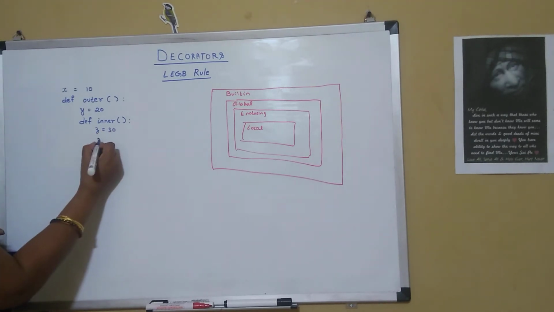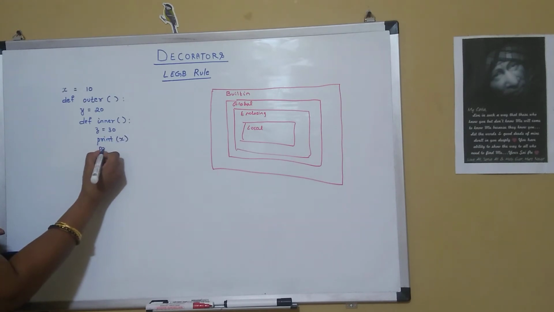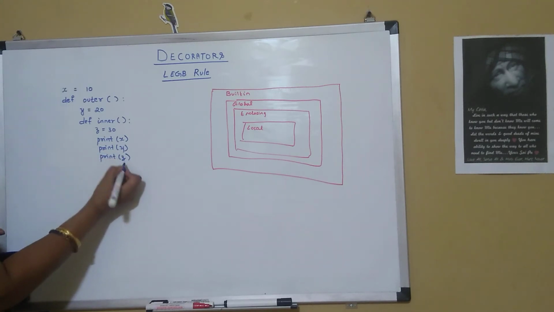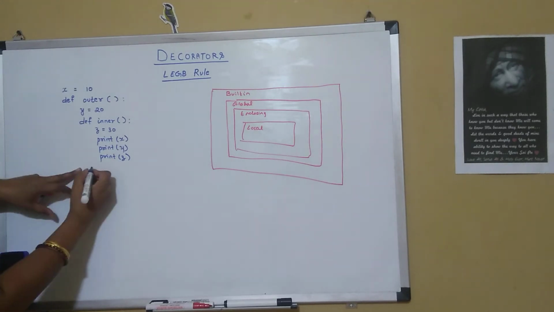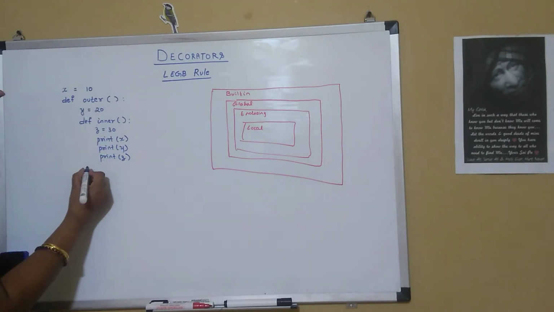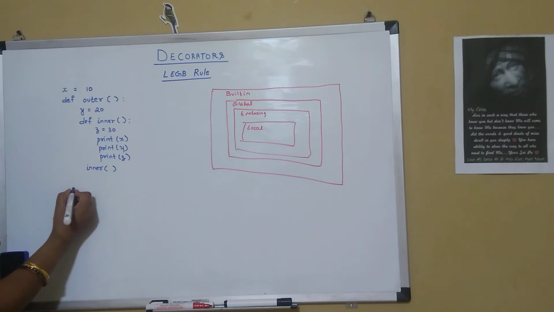Now let me print x, print y, print z, and let the outer function return the inner function. And now let me call this outer function.